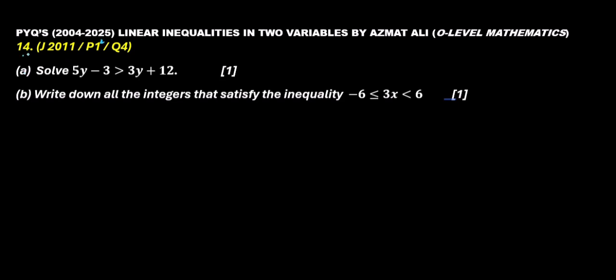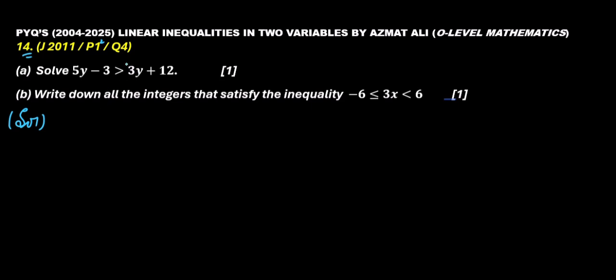This is question number 14, and this question says we have to solve the inequality 5y minus 3 greater than 3y plus 2. The first part is very easy. We will move variable terms to the same side.